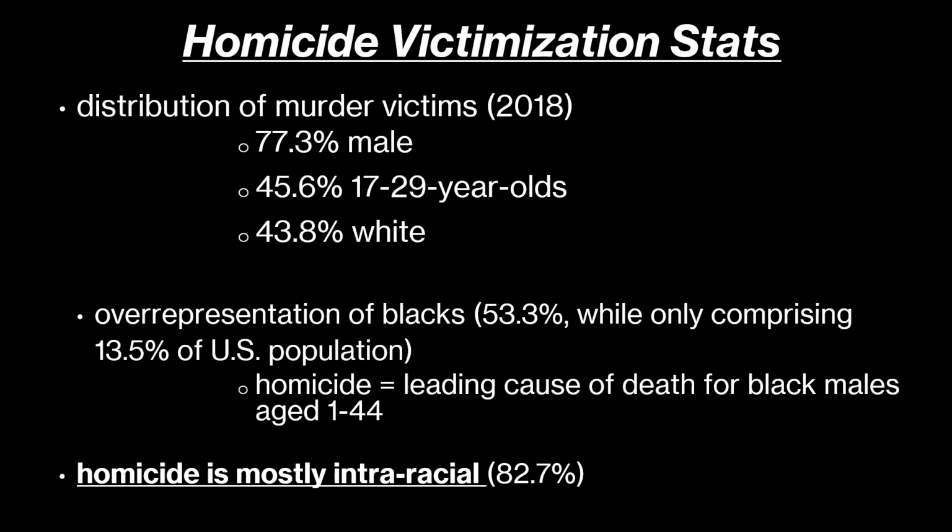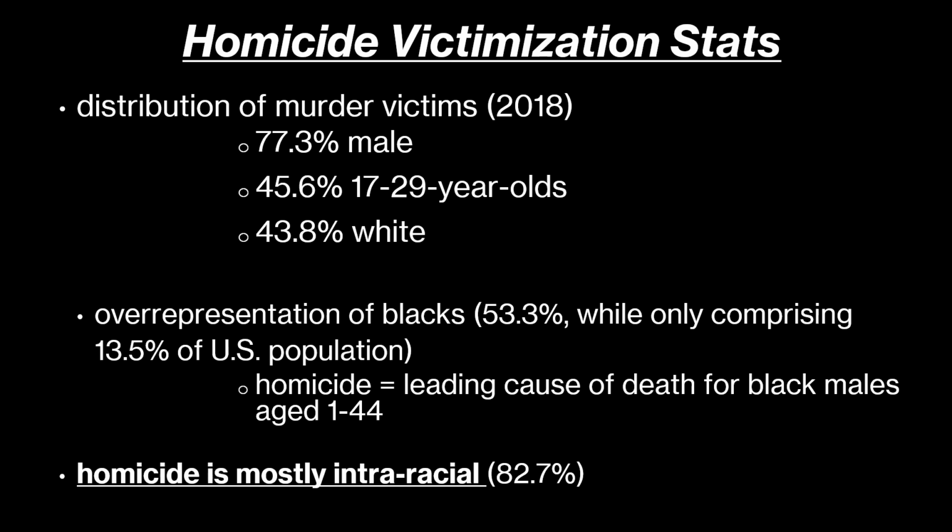There is an immense overrepresentation of Black individuals in the homicide rates. Black individuals account for about 53.3% of the homicides that are committed, while they only comprise about 13.5% of the U.S. population. So let that sink in. They only account for approximately 14% of the U.S. population.